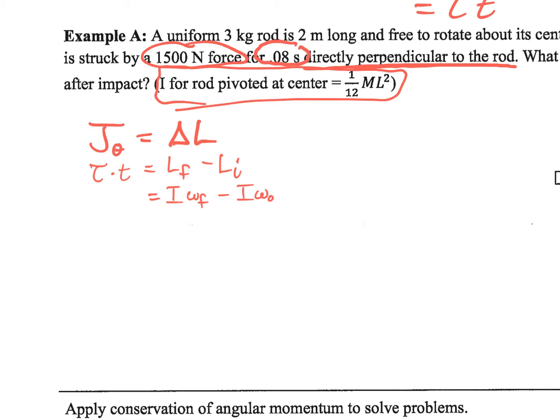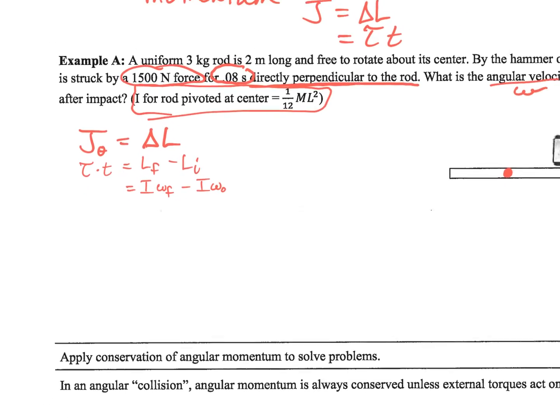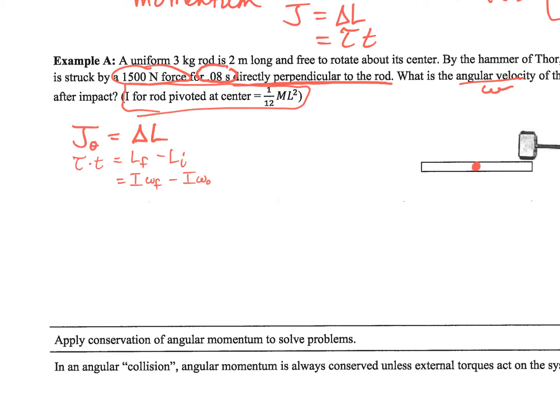Did the object shape change? Did its pivot change? So it's just I, isn't it? So we could pull the I out if we wanted to, but it doesn't matter because what do we know about omega initial? It's 0, isn't it? So that part goes away.